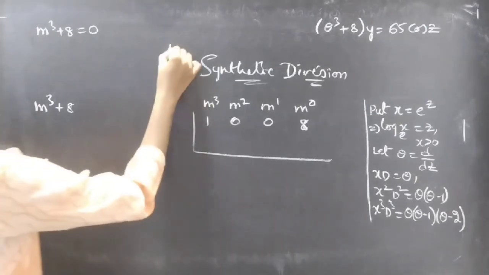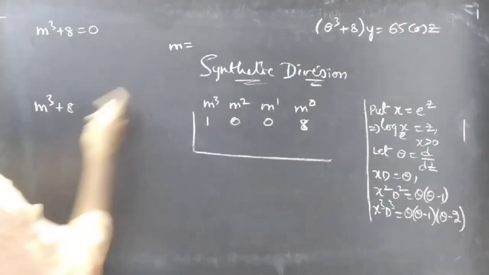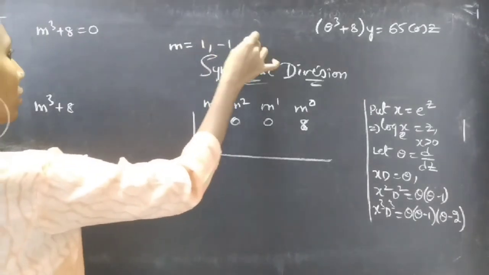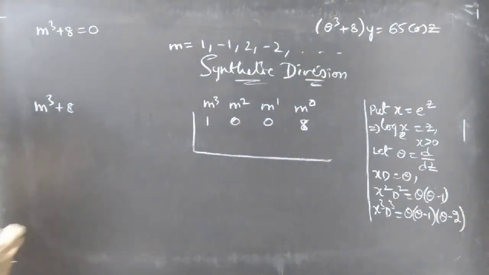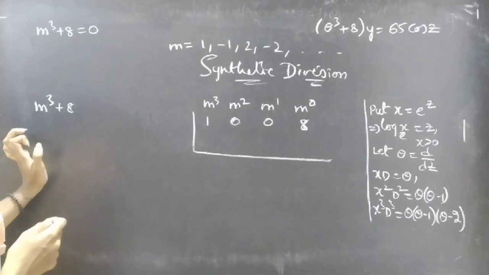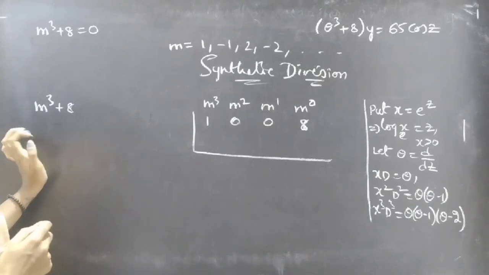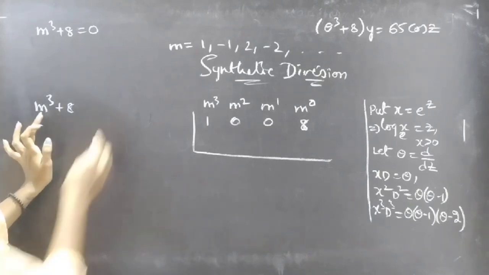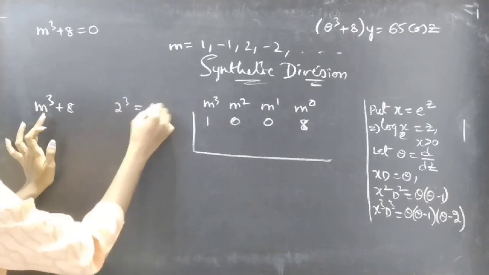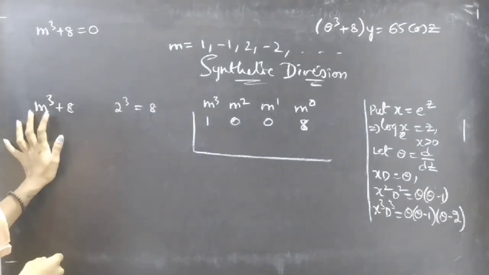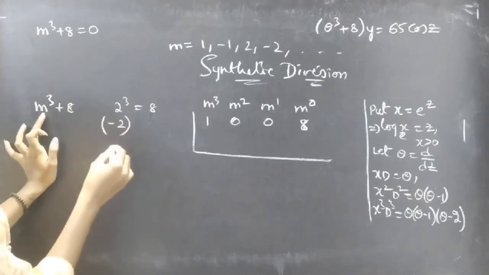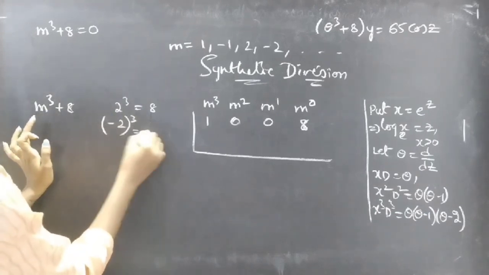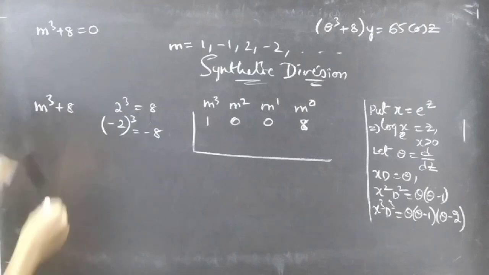Now let's see which m satisfies this polynomial, for m = 1, −1, 2, −2 and so on. We know that 2³ is 8, but here it is plus 8. We need minus 8, so by replacing m by −2, we'll get −8.